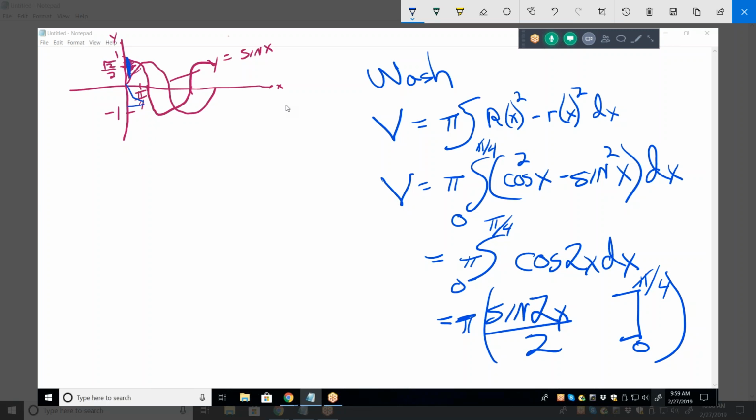And if we evaluate this, we get pi times sine of pi over 2, which is 1, minus 0.